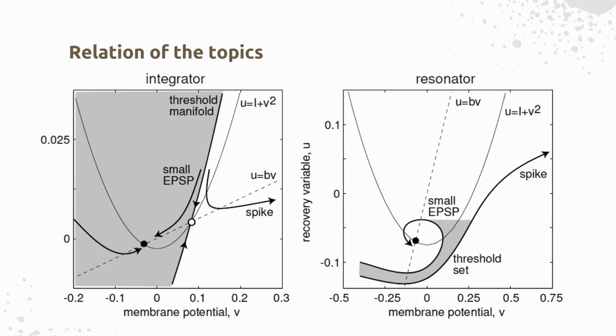So if we look at an example of such simple models in a bit more detail, we can see it more clearly. Just for clarification, the u-nullclines are the straight lines here, and the v-nullclines are the parabola here. In both cases, we have a stable node depicted in black, and on the left, we see an additional saddle node in white.